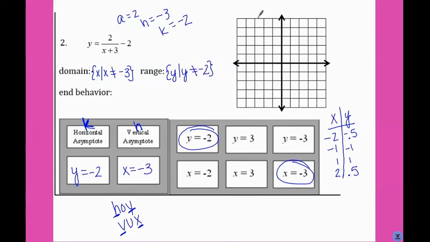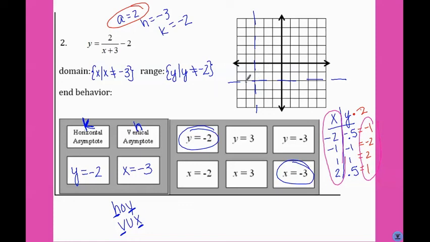So let's draw our asymptotes on our graph. Now, a is not 1 this time, so that means we have to multiply all our a values by 2. Then we can graph our original x values with our new y values.